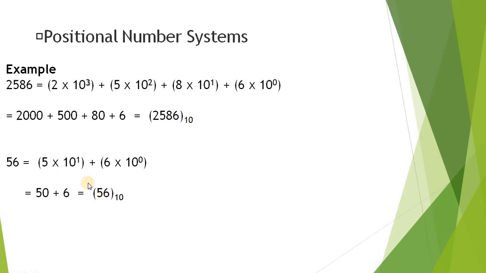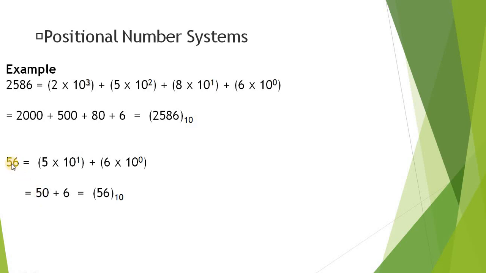Now you need to understand the important difference. When we talk about the positional number system, in the earlier example, 5 is present at the third position from the right, or at the 100th position, because the value of this 5 in that number is 500, as we are multiplying 5 with 10 square. But the same symbol in this example gives us the value 50.